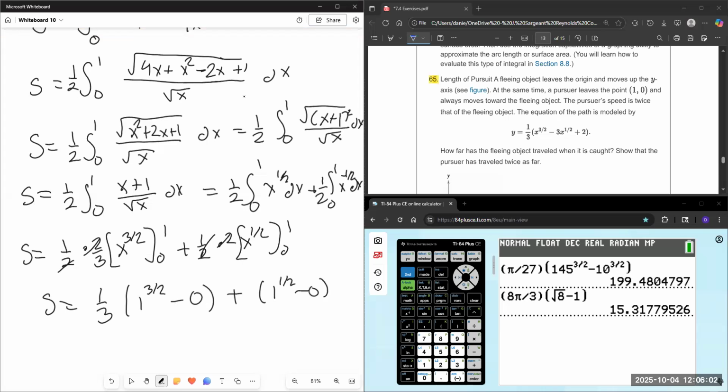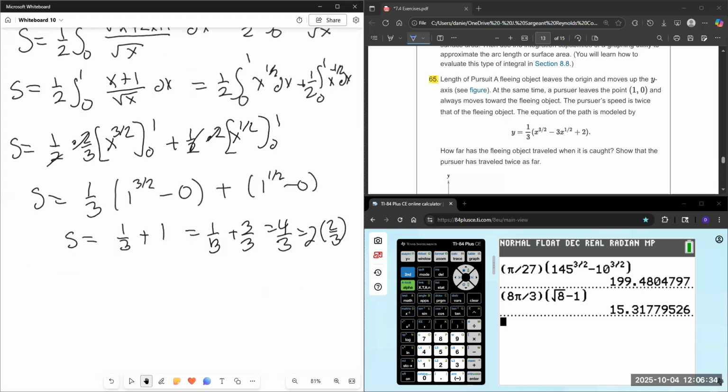So s is equal to 1/3 plus 1, which is 1/3 plus 3/3 is 4/3, which is 2 times 2/3. The fleeing object traveled 2/3, and the pursuer traveled twice as far.